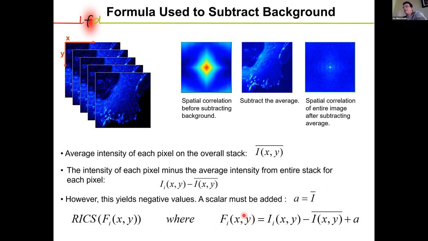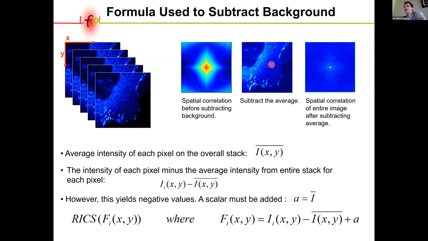This image stack, which is now corrected with the immobile fraction subtracted, can then be subjected to the RICS analysis. On the top right, you have this illustrated in those 3 panels. On the left-hand side, the immobile fraction subtraction was not performed. So you see a very strong correlation pattern corresponding to the average shape of the cell, which you see on the left here.